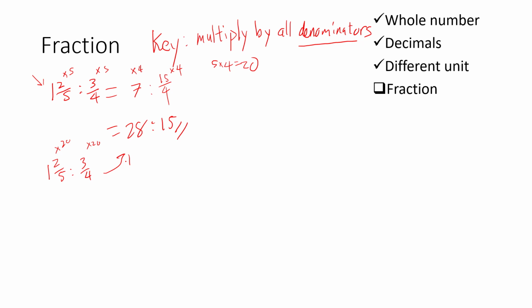But the easiest key to remember is just to multiply them by the denominator. Alright, so let's try out two questions on your own. Pause the video and try this out.